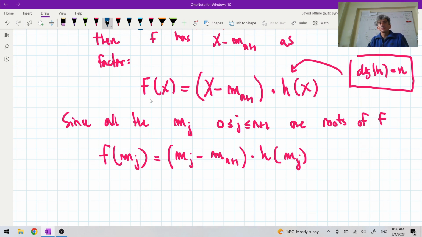Since all these m's are roots, this calculation has to yield the number 0. That happens because all the m sub j's are roots. But these guys are non-zero, since all the m sub j's are distinct.